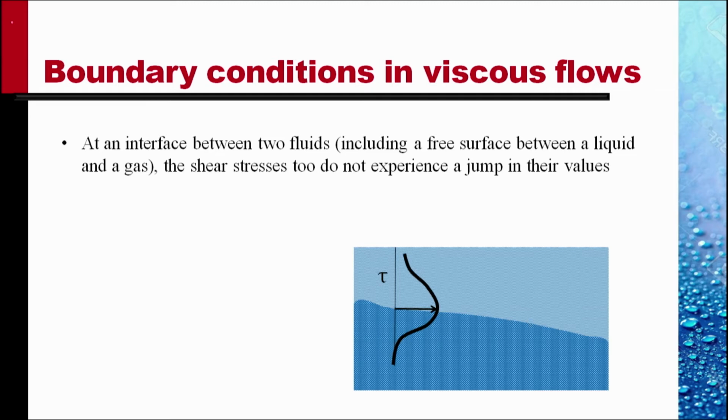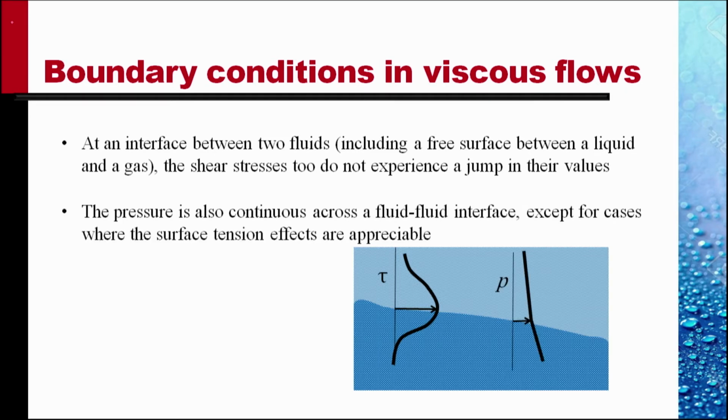So whatever is the shear stress value at the interface in one fluid, the same shear stress is there in the other fluid at the interface, as shown in the figure here.